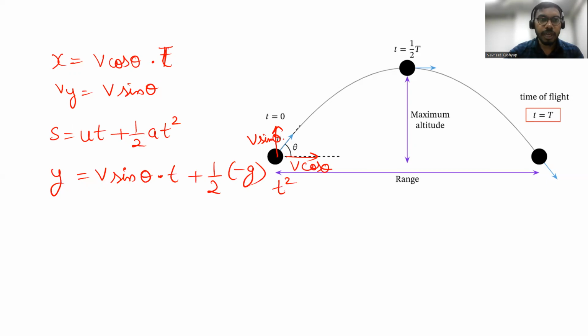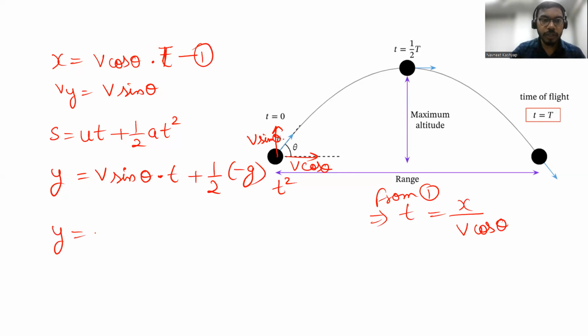Now, can we find this time from somewhere? Yes, we can. If we use the first equation, x equals v cos theta times t, we can derive from equation 1 that time is equal to x divided by v cos theta. Let's put that value here.